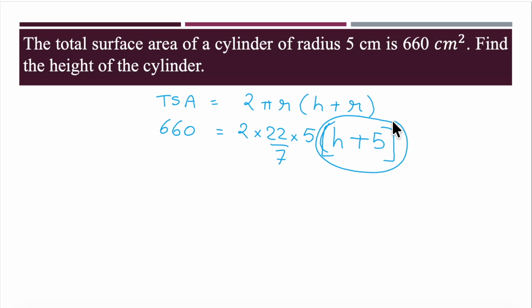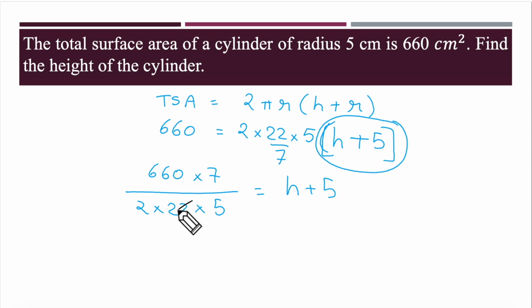division. So 660 into 7 upon 2 into 22 into 5, and here you are left with the bracket, that is h plus 5. Cancellation: 2 and 30, 5 and 6, 2 and 3.